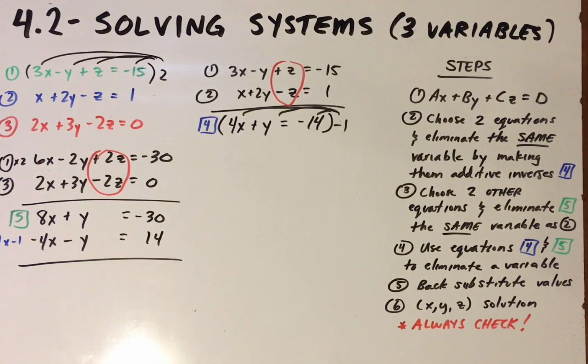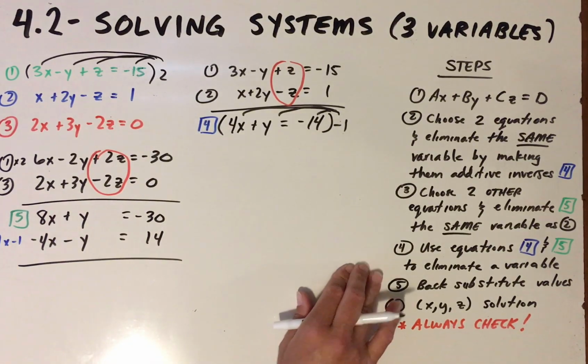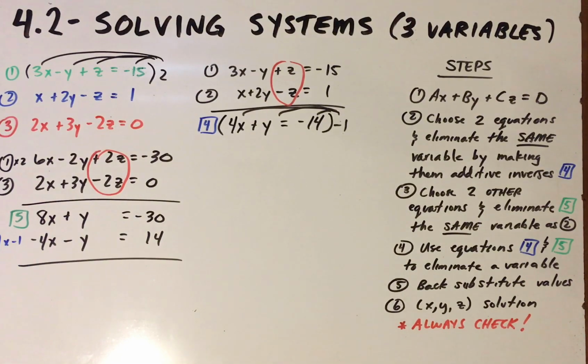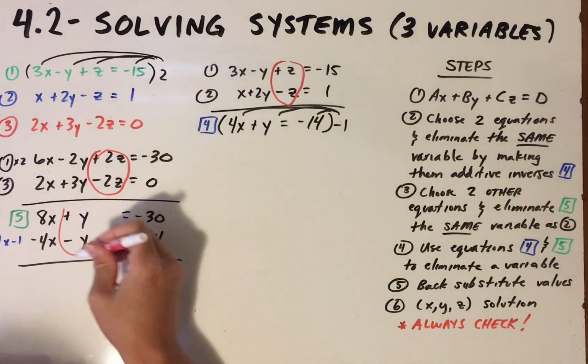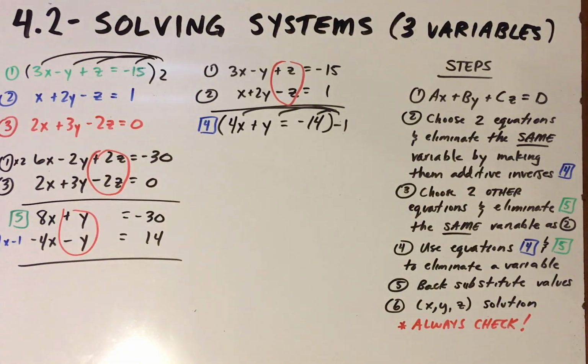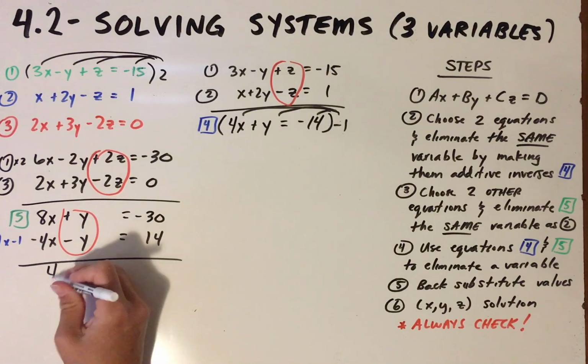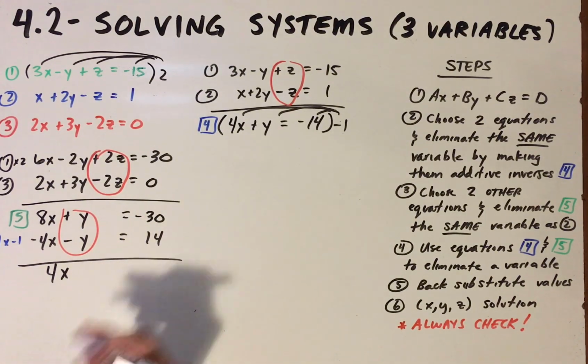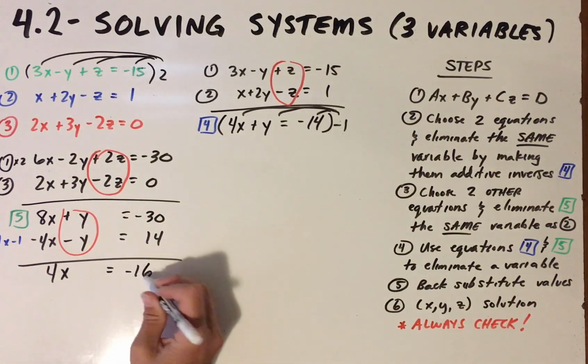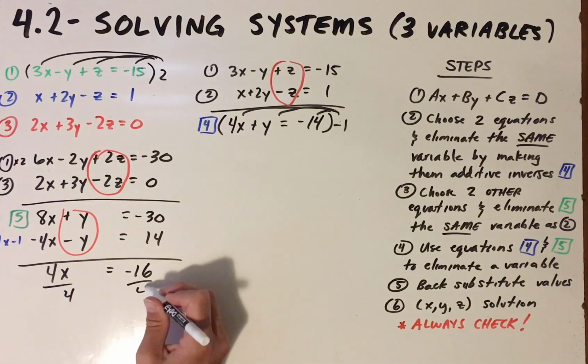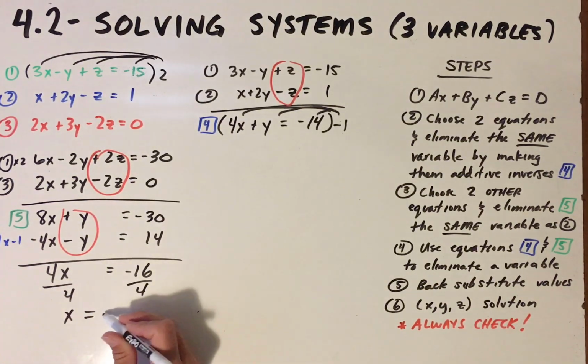Now I'm going to add those together. So I'm using equations 4 and 5 to eliminate this variable here, to eliminate y. Okay, so when I add these together, they're going to sum to 0, and I will just get that 4x is equal to -16. Well, now I have my x value. X is equal to -4.